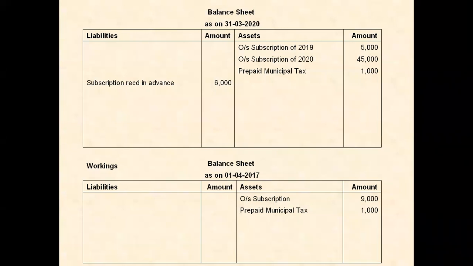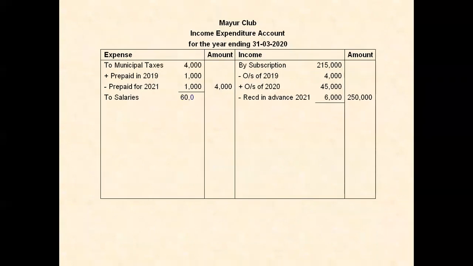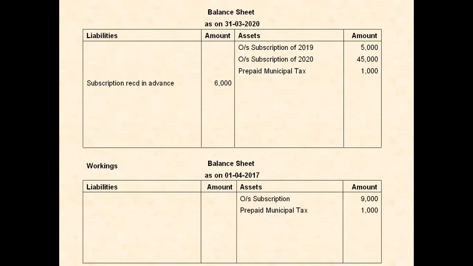So what is the amount of salary you paid during the year? That is 60,000. So income expenditure account debit side, salary 60,000 plus that outstanding given in the adjustment 5,000. So outer column 65,000, and this 5,000 which is outstanding will be shown in the closing balance sheet liability side, outstanding salary 5,000.